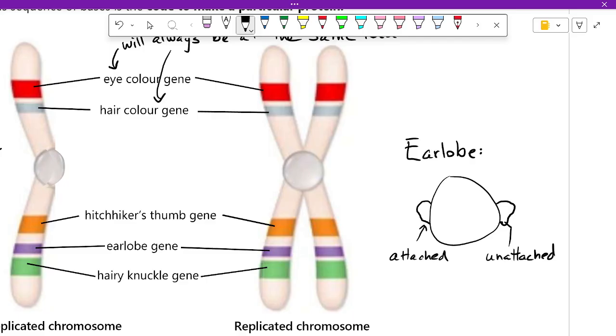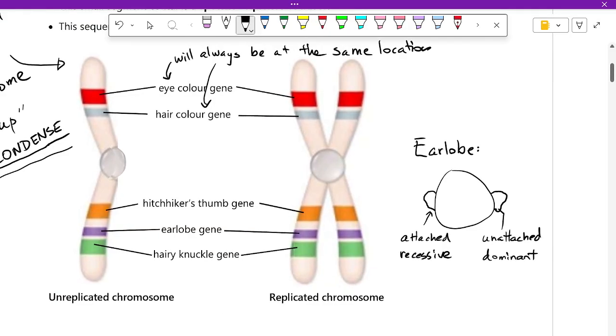You might have to ask your friend to look at you and say, am I attached? Does it just kind of go straight in, or do I have a little... So you can tell whether you have a dominant gene or whether you have two recessive genes.